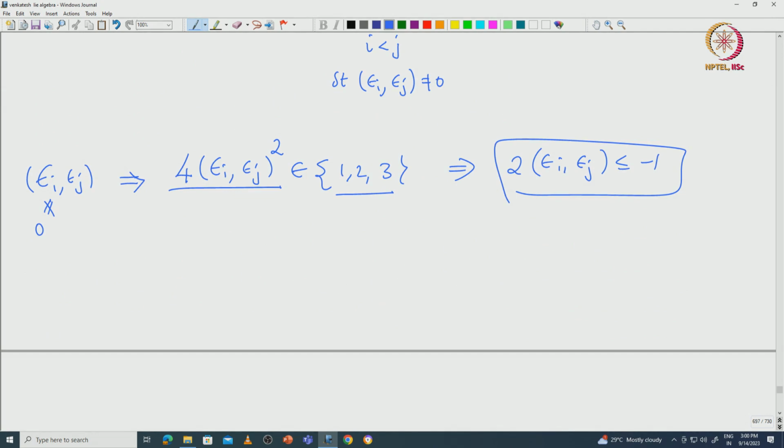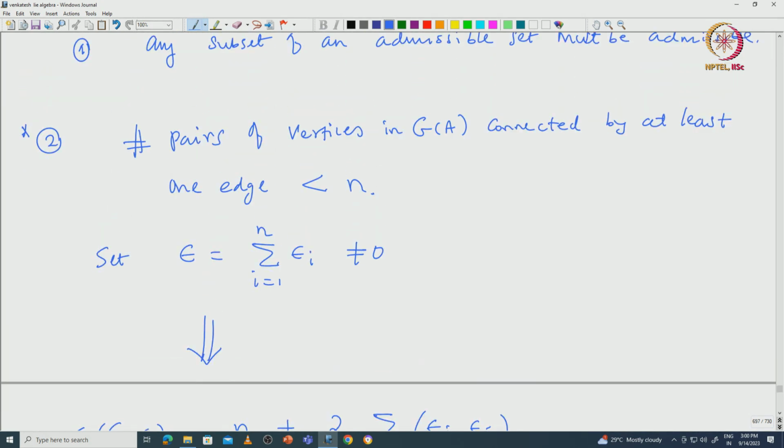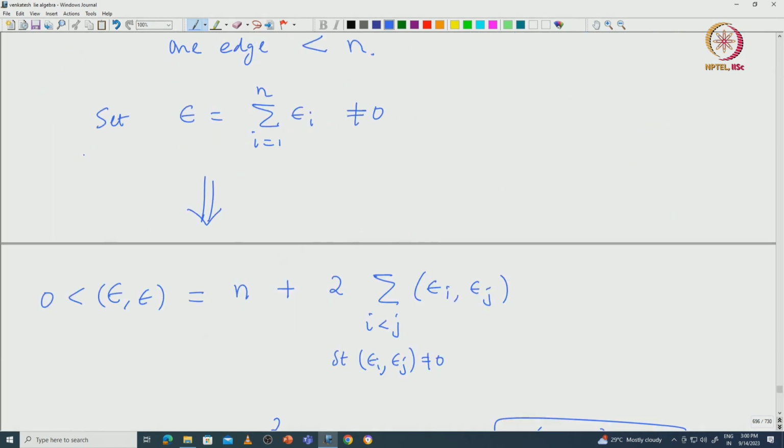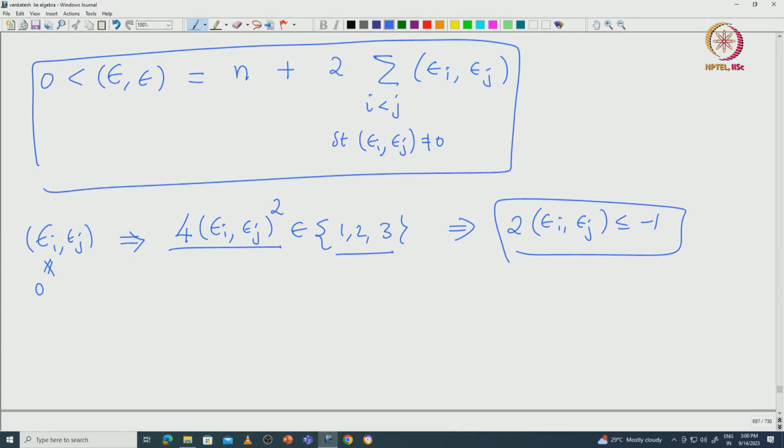Now, what you can conclude from this, if you go back to the number that we are interested in, call it some m. From this inequality, the term minus twice the summation of epsilon i, epsilon j, with i less than j and epsilon i, epsilon j non-zero, can be at most n.